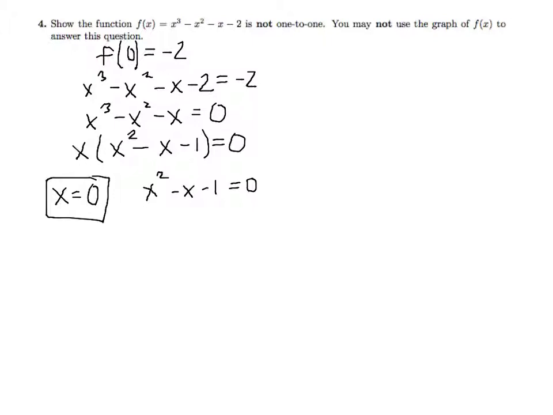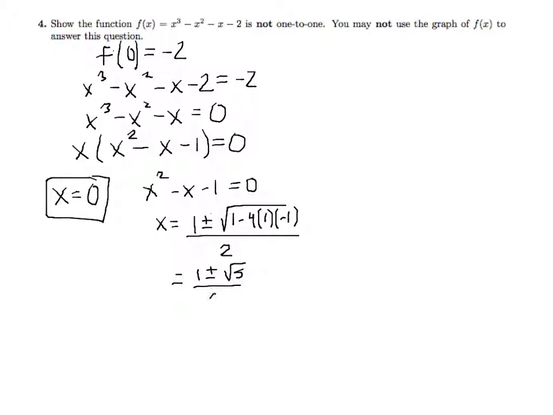And if we use the quadratic formula, we get x equals negative b, so 1, plus or minus the square root of 1 minus 4 times 1 times negative 1, all over 2. And this will simplify to be 1 plus or minus the square root of 5 all over 2.